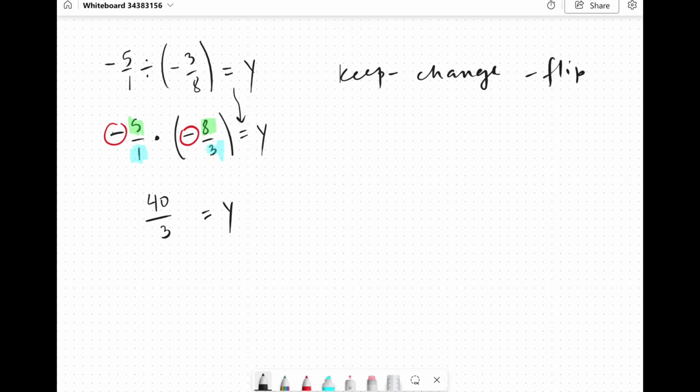Now you do need to check if your fraction can be simplified. The 3 at the bottom is only divisible by 3, and 3 does not go into 40, so leave it alone. Don't make it into a mixed number, but do make sure that you cannot simplify it.